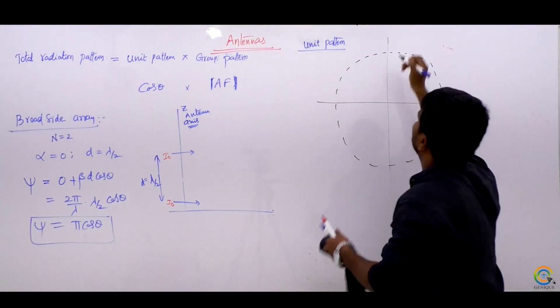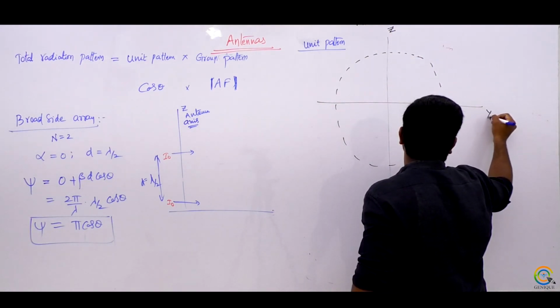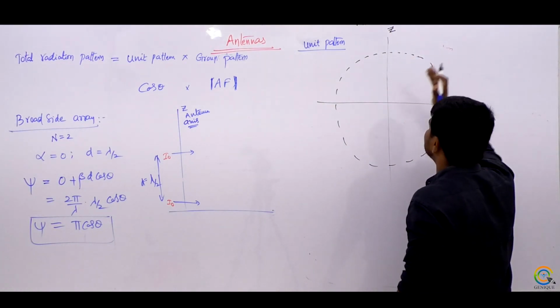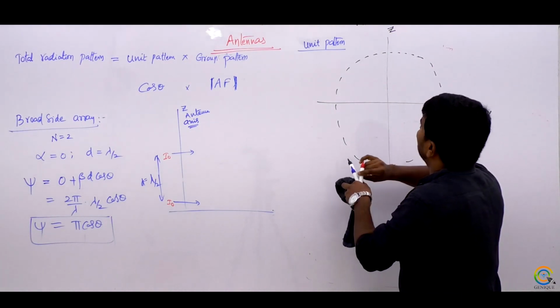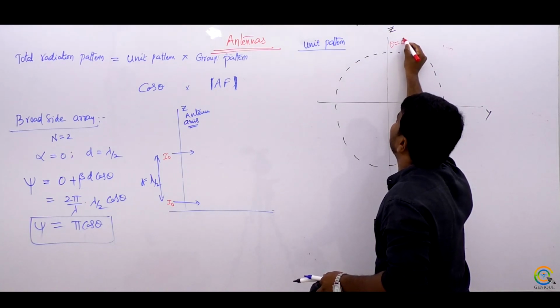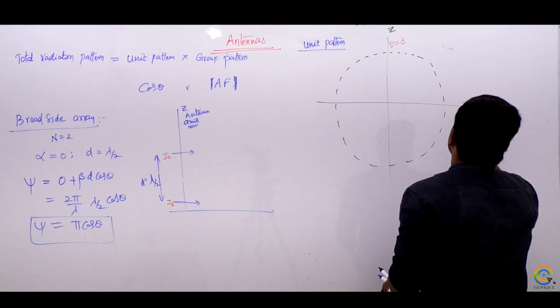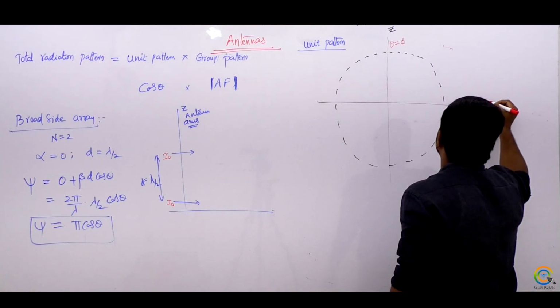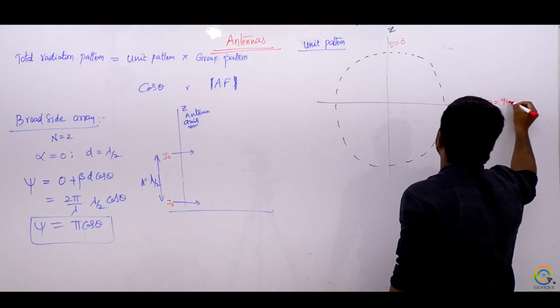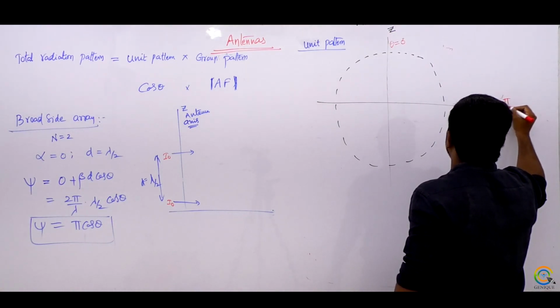Suppose this is the z axis and this is the y axis. This represents theta equals 0 degrees. Here theta equals 90 degrees, pi by 2.